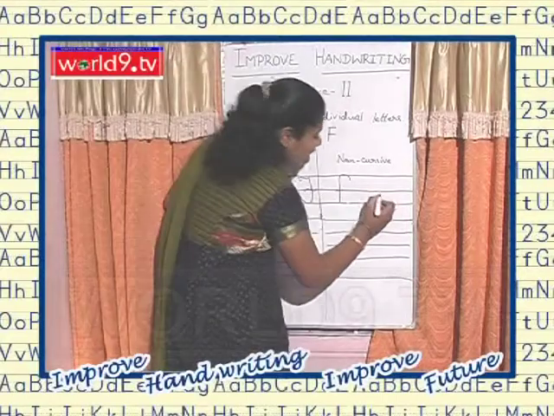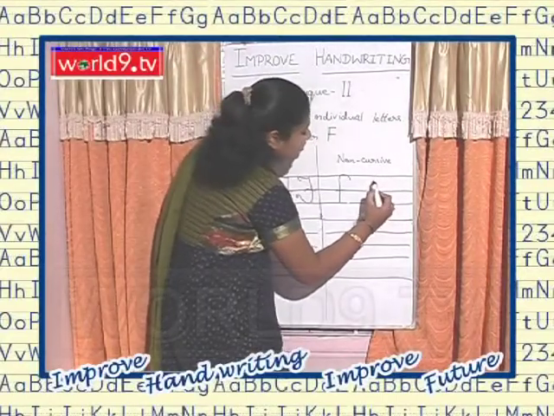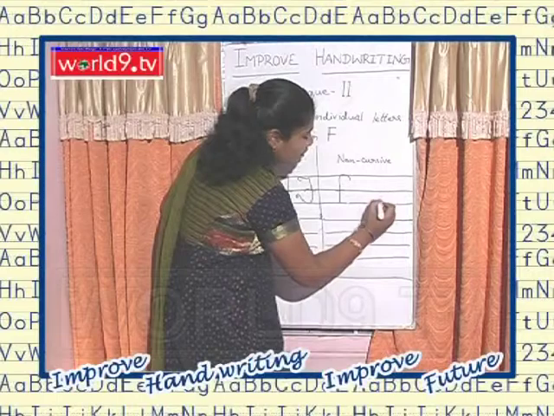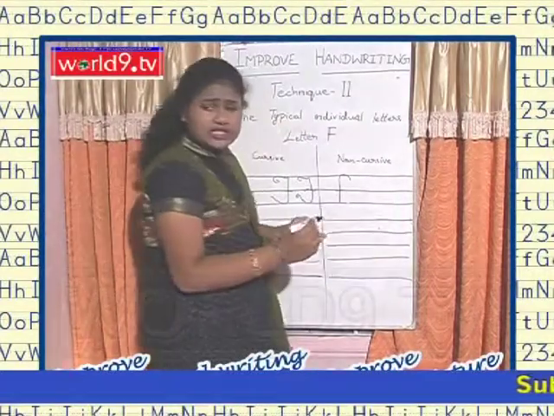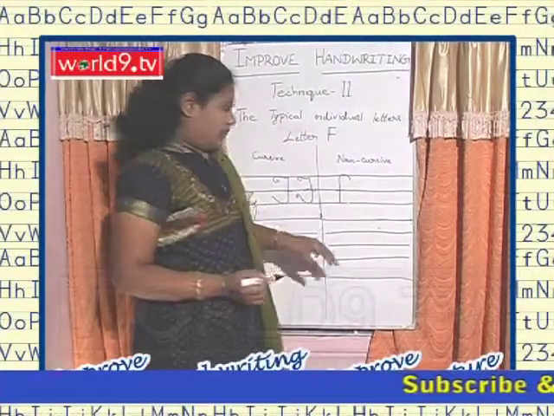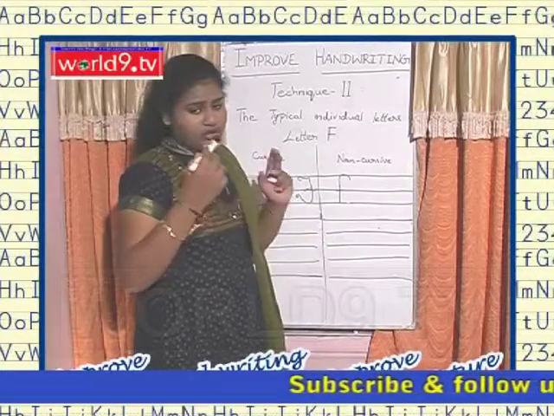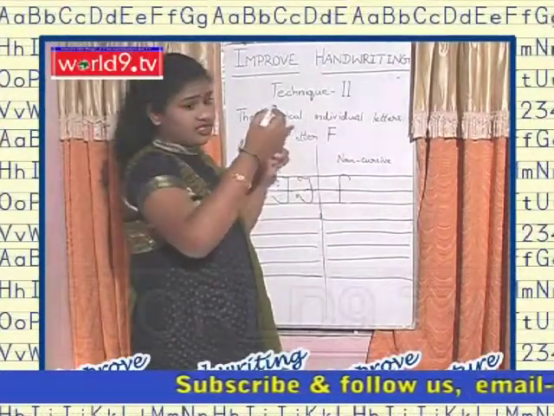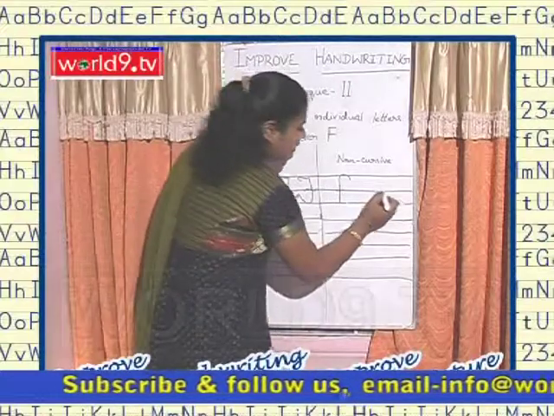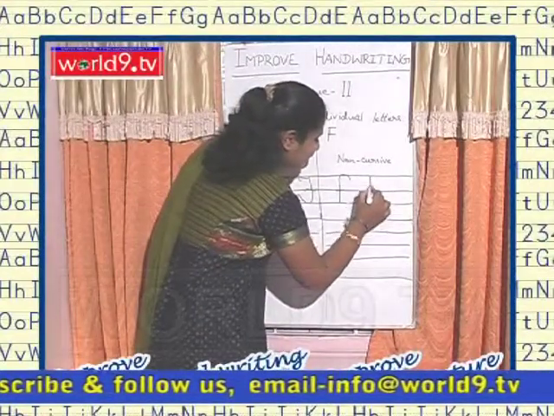And coming to non-cursive capital F, how to write? This is from upwards to downwards. Non-cursive small is from downwards to upwards, and capital is upwards to downwards. Capital you should compulsorily write from upwards to downwards.